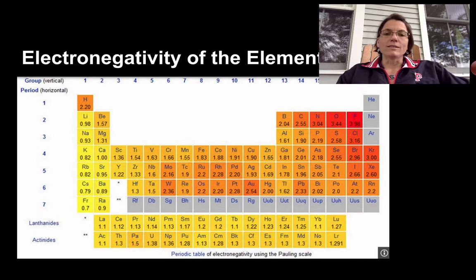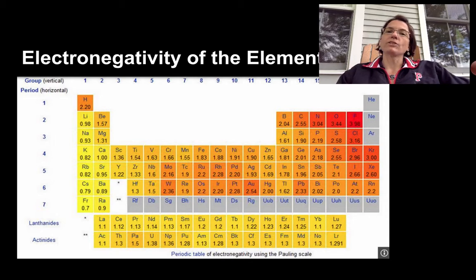Whereas the bright yellow ones have the lowest electronegativity. This is called a periodic trend because electronegativity tends to be higher for elements that are high on the periodic table and for elements that are farther to the right on the periodic table. So you can think of fluorine as having the highest electronegativity of any of the elements.